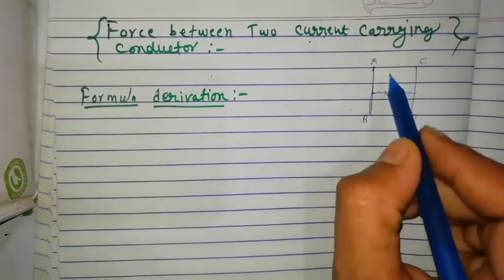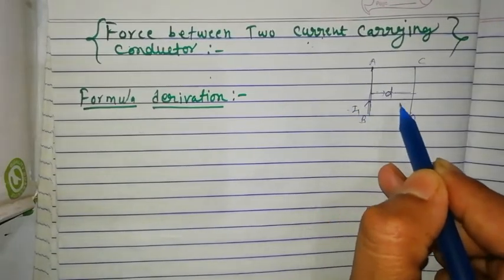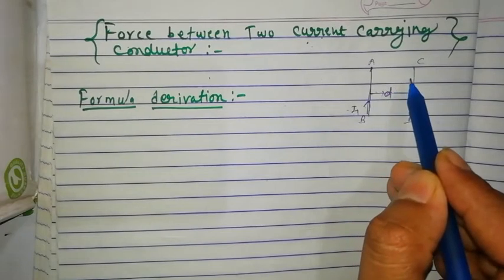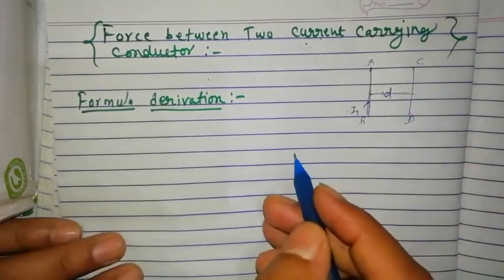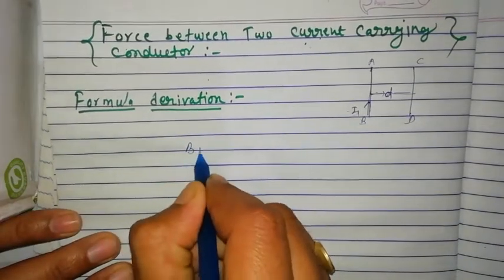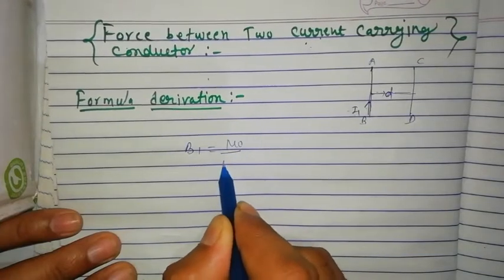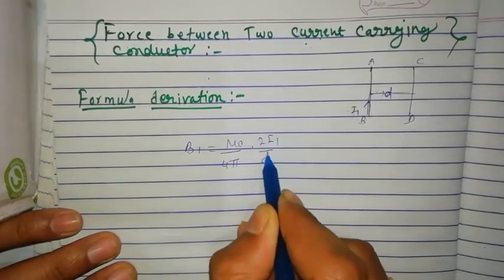Suppose current I1 is flowing through conductor AB, then the magnetic field at distance d from it will be given by B1 equal to mu 0 upon 4 pi times 2 I1 upon d Tesla.